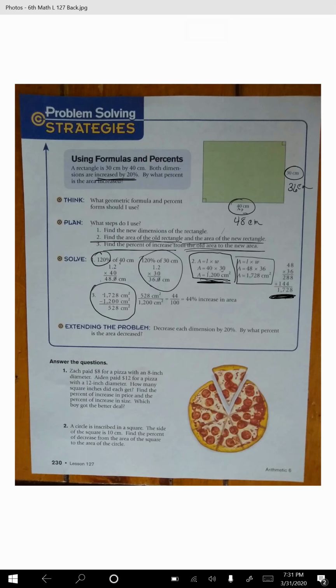So 1,728 minus 1,200 is 528. Okay? Now you take the 528, divide it by the original number, which was 1,200. When you divide it, well, first they reduced it. 44 over 100 just means 44%. So it's a 44% increase.